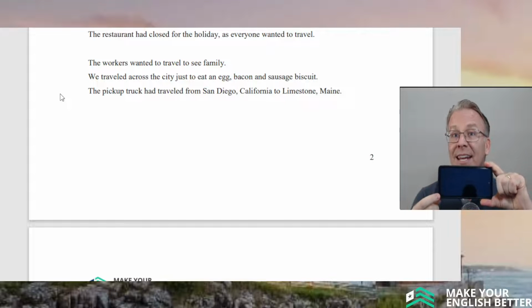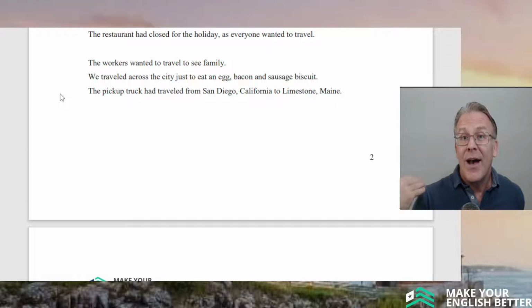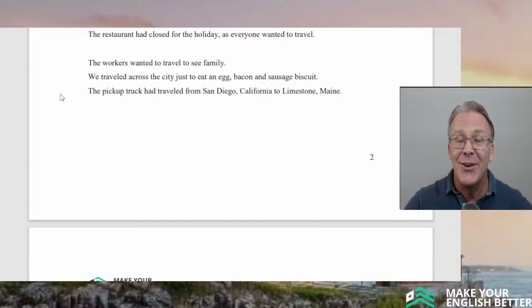San Diego is here, and here is Limestone, Maine. Completely opposite of San Diego. You have to go across the entire United States. Now, I have never lived in California, but I have lived in Las Vegas, Nevada, and I actually lived in Limestone, Maine. So they are very far from each other.